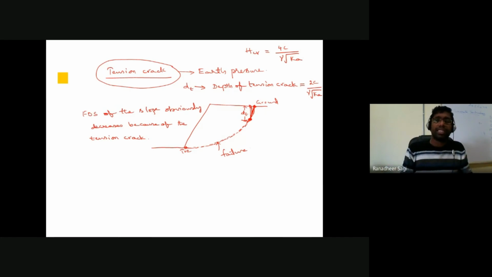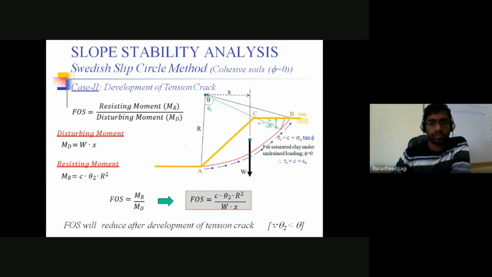Okay, so if there is a tension crack existing, how do we estimate the factor of safety of that particular slope? What difference do we come across in estimating the factor of safety of the slope? Look here. If there is a tension crack formed inside the ground, this is the tension crack we are talking about.